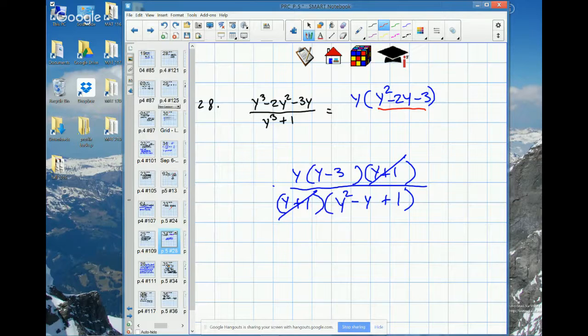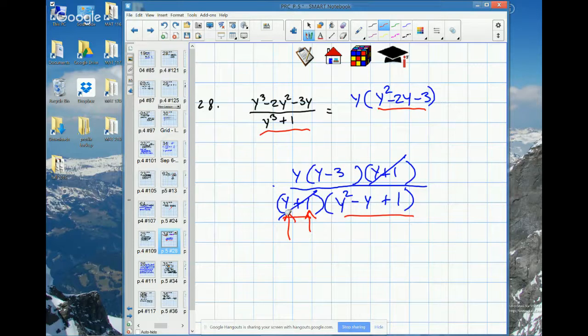But don't forget, you remember how I taught you how to factor the sum of two cubes? Remember how you have a binomial and then you have a trinomial? Over here you put the cube root of y cubed. Here you put the cube root of 1 and copy the sign, plus, and then you have a trinomial.